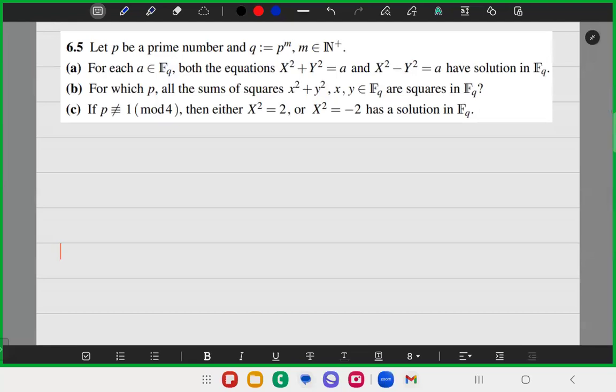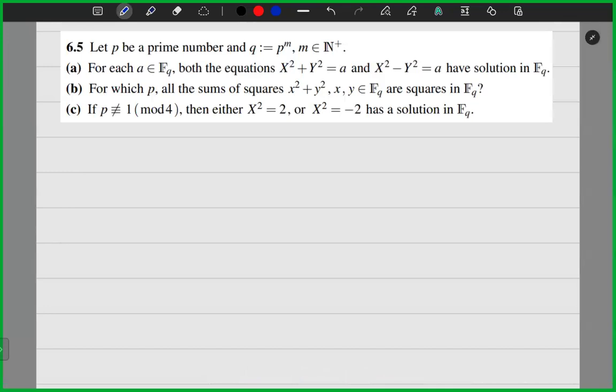Both equations x square plus y square is equal to a, and x square minus y square is equal to a, have a solution in F_q. Okay, so there is this, p is prime.